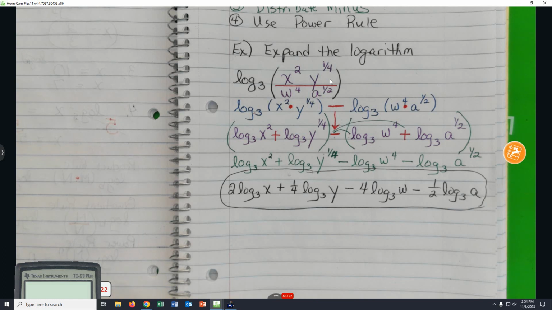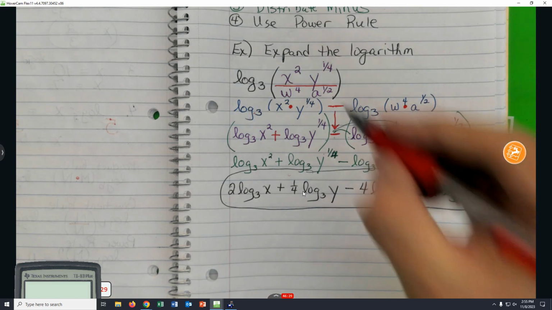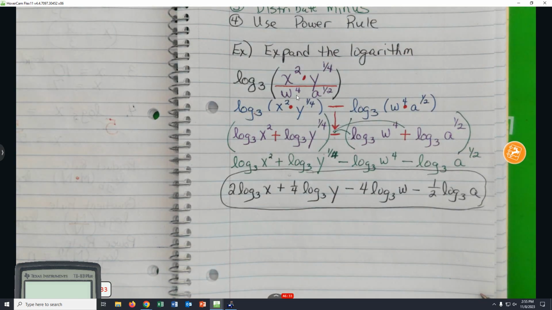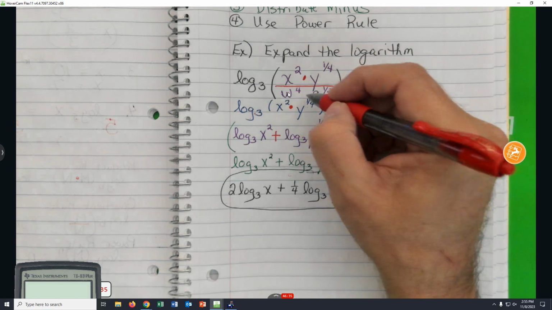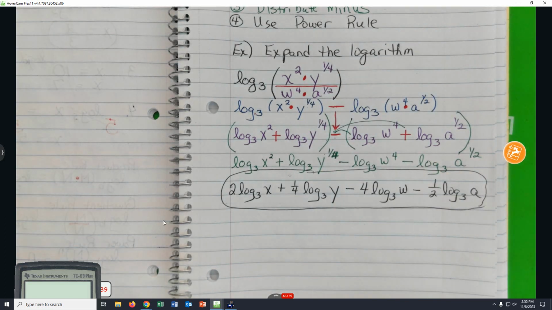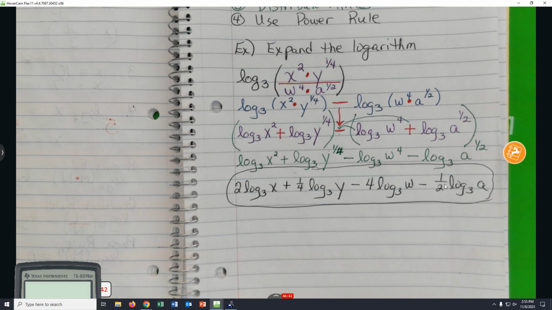Each individual factor gets a logarithm. On top we have x times y, so we need 2 logarithms. How many factors did we have in the bottom? W times A, there are 2, so that's a total of 4 logarithms we need in our final answer.